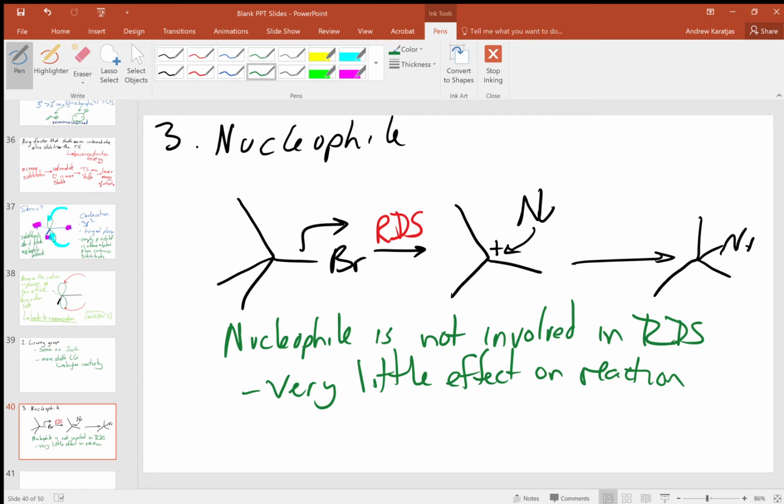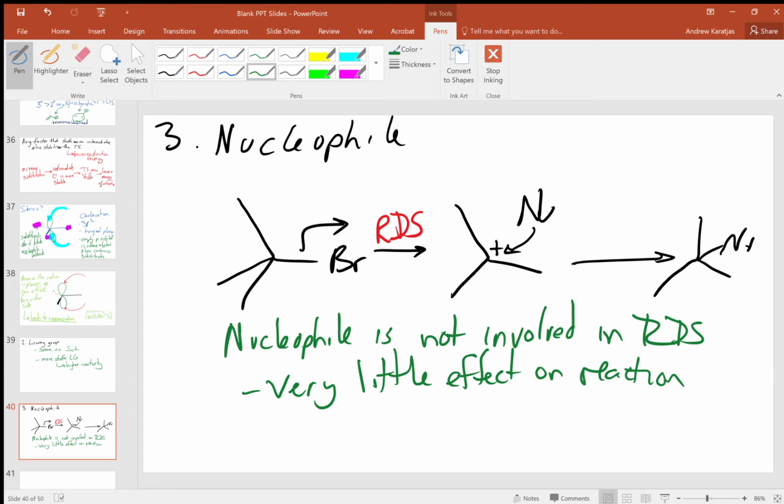So this is very much the opposite of what we saw in SN2. In an SN2 reaction, the better the nucleophile was, the better the reaction worked overall. But SN1 is the opposite. In an SN1 reaction, it doesn't matter what the nucleophile is.